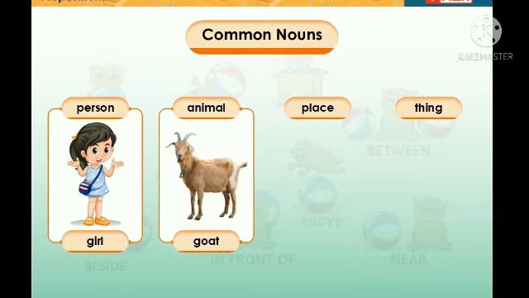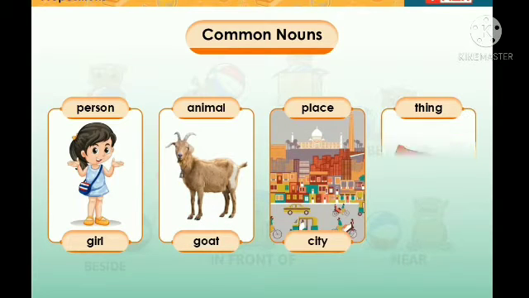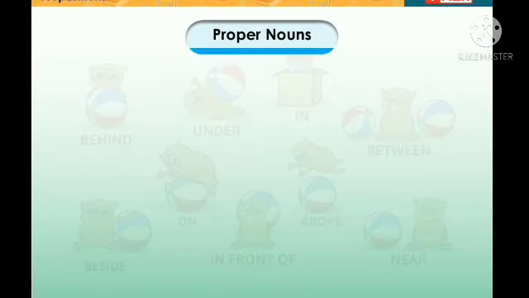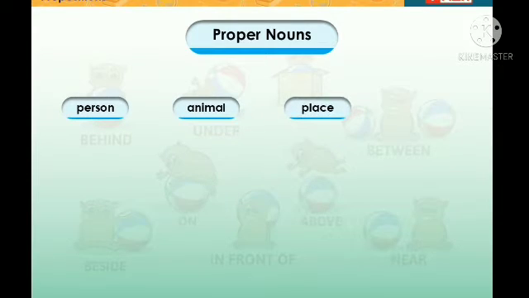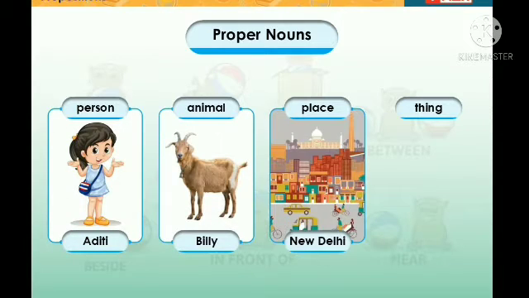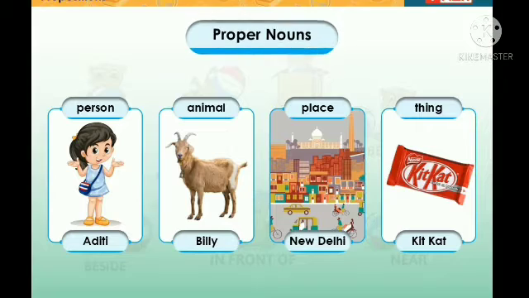Girl, goat, city and chocolates are some examples of common nouns. And a proper noun is the name given to a person, animal, place or thing. Aditi, Billy, New Delhi and Kit Kat are some examples of proper nouns.